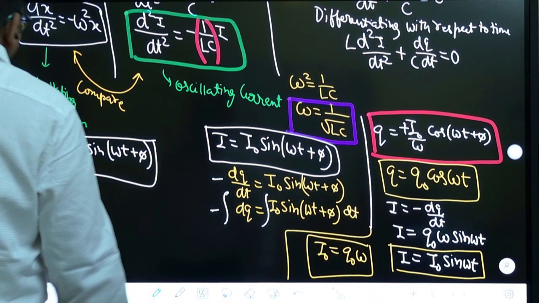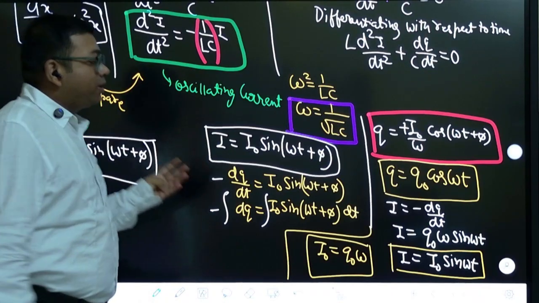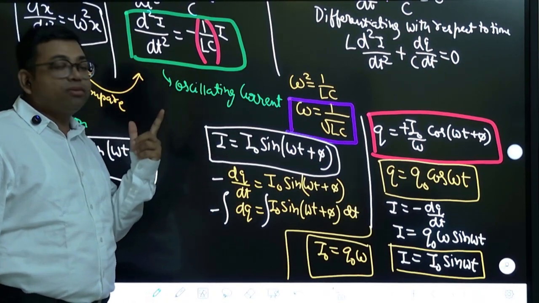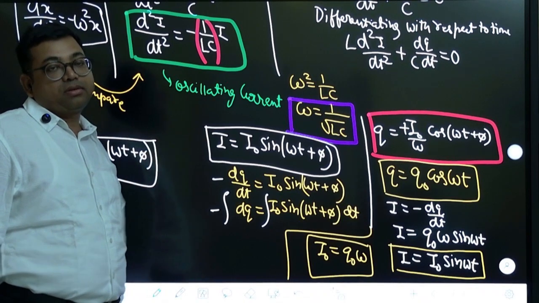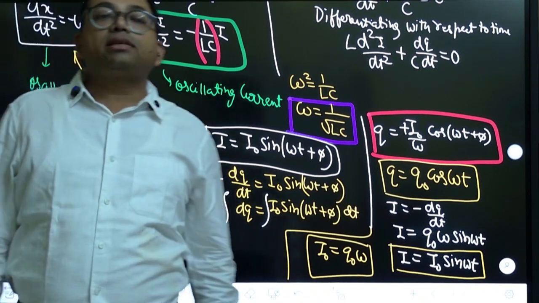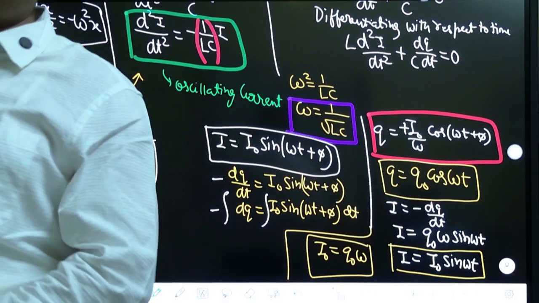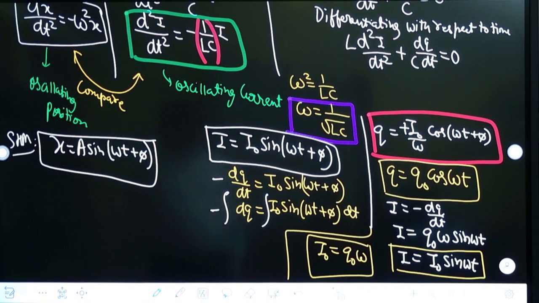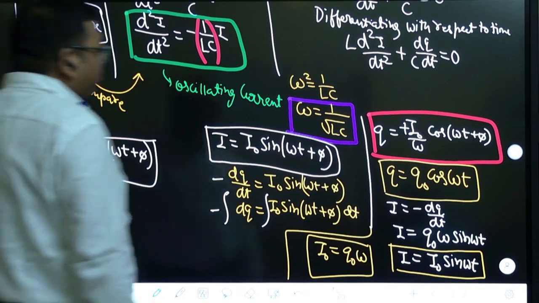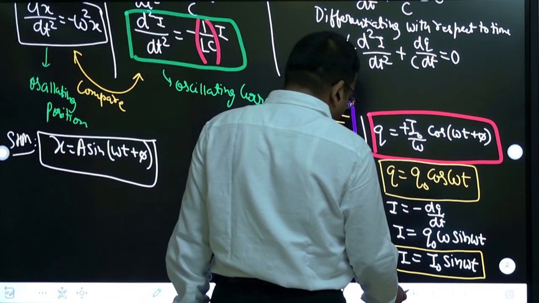Sources of electromagnetic waves. That means we can produce electromagnetic waves from this circuit. We can use the LC oscillation circuit to produce electromagnetic waves. Now the question is, can light be produced from an LC oscillation circuit?